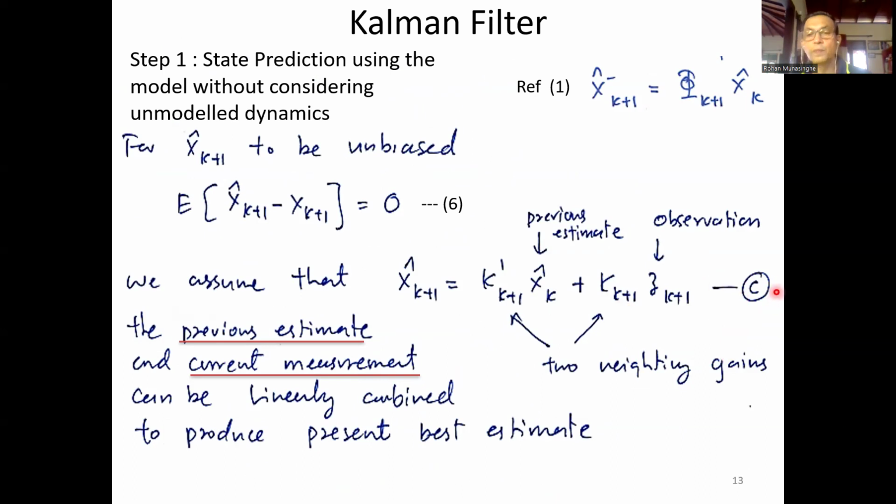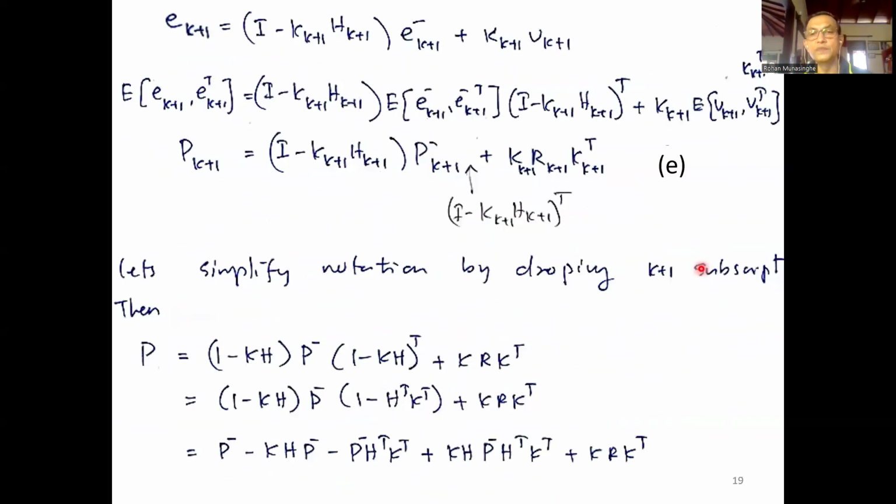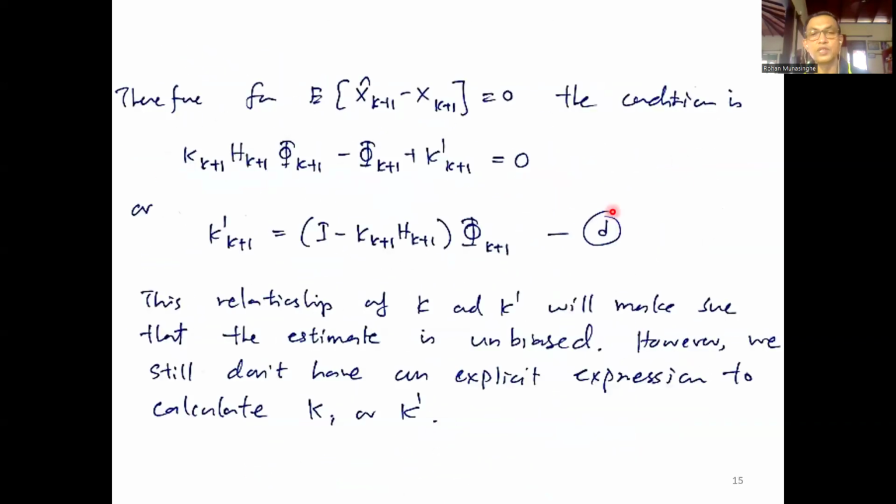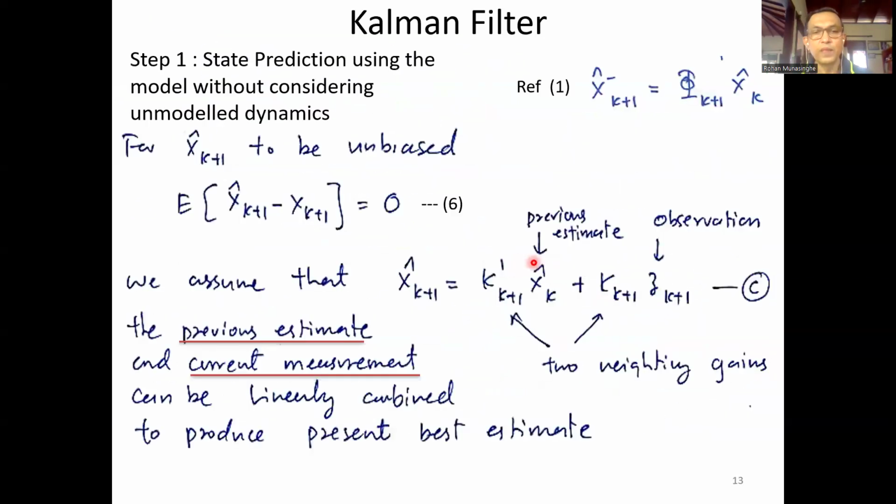This equation. And also we are using equation D from page 15, right? Equation D, this one from page 15. So this is how K dash and K are related to each other, right? So you can actually put this value K dash K plus 1 into this one, equation C. You can see K dash K plus 1 over here.